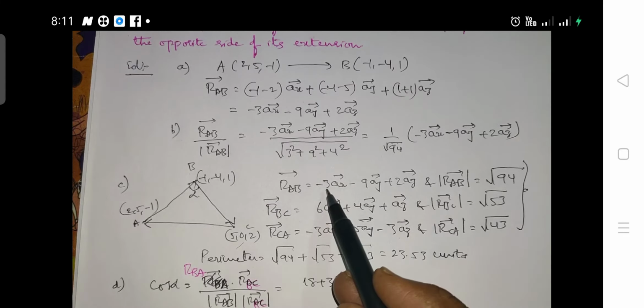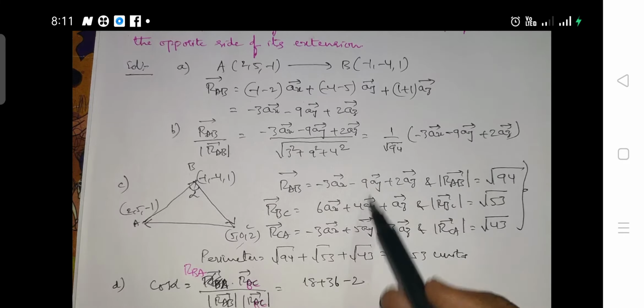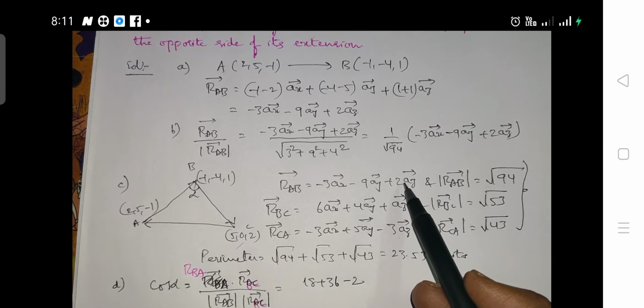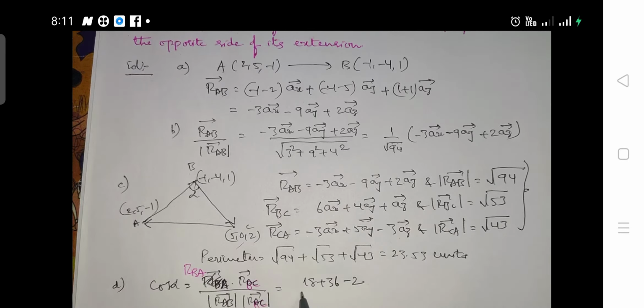If you simplify that, 3 into 6 is 18, plus 9 into 4 is 36, minus 2 into 1 minus 2, divided by the corresponding magnitudes, square root of 94 multiplied by square root of 53. If you simplify this, we are going to have the value of alpha equal to 42.54 degrees. So this is the interior angle at B.